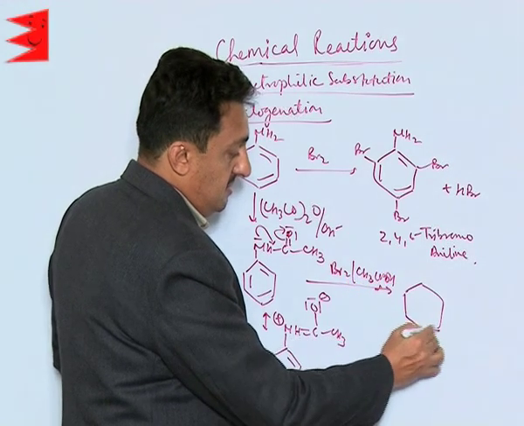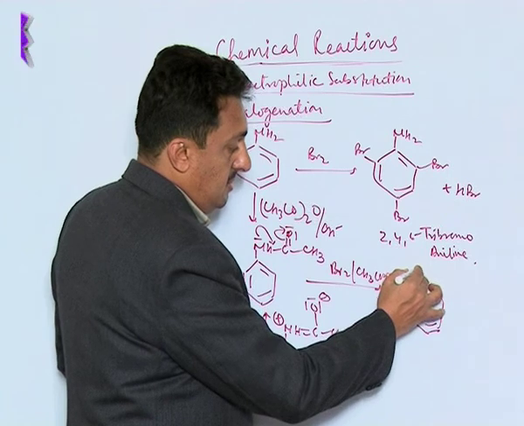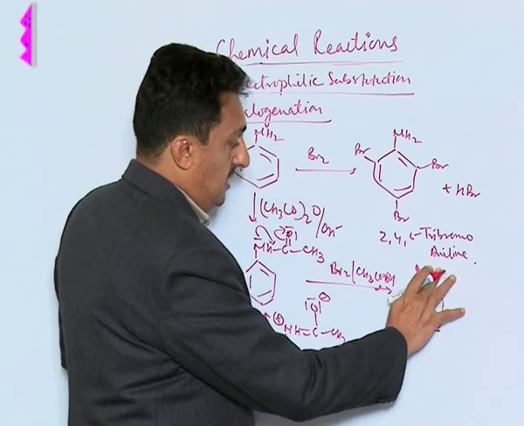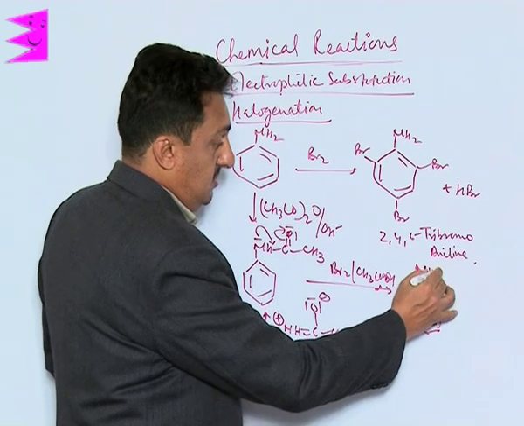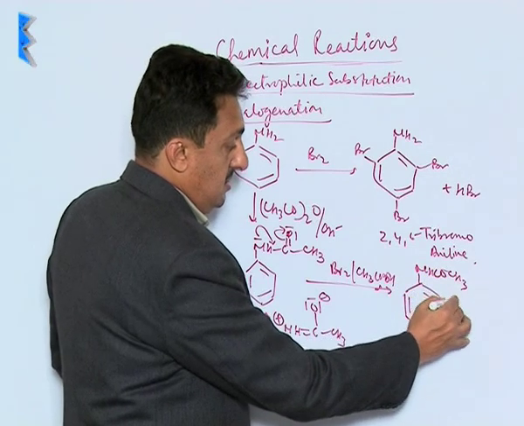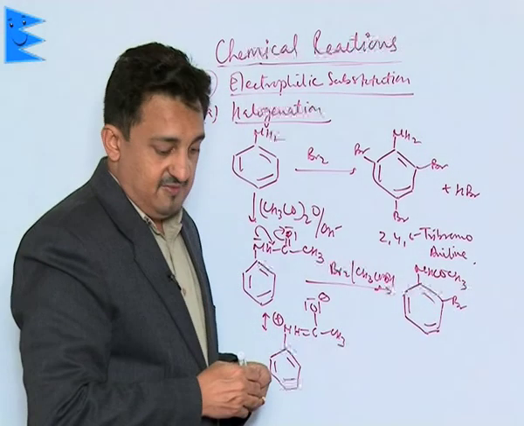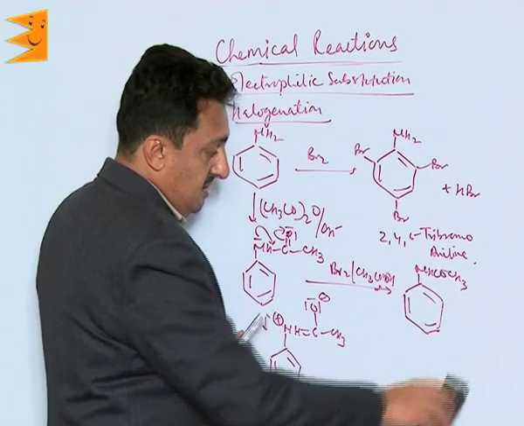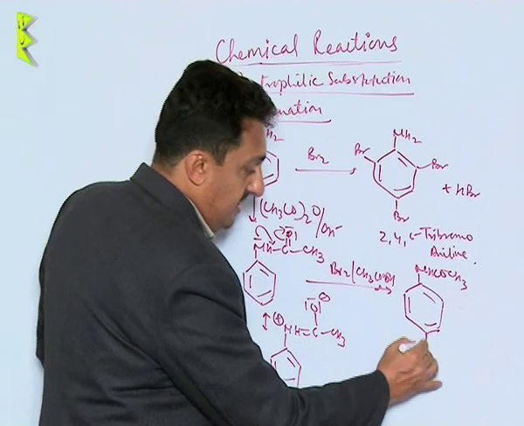we get COCH3 ortho as well as para. I am drawing only the para one because that will be the major one because of the steric hindrance.